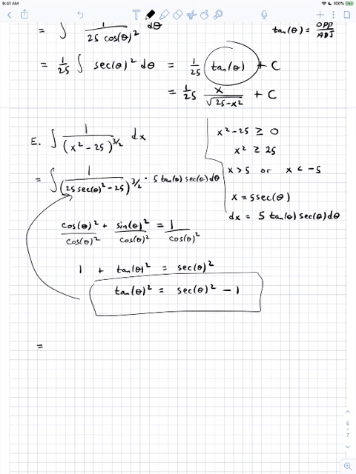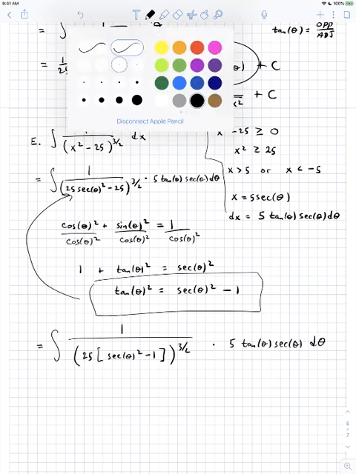So we're going to have the integral, and then in the denominator, you can factor out that 25. So you'll have 25 times secant theta squared minus 1. And all of this is raised to the 3/2 power. And it's all in the denominator, times 5 tangent theta secant theta d theta.